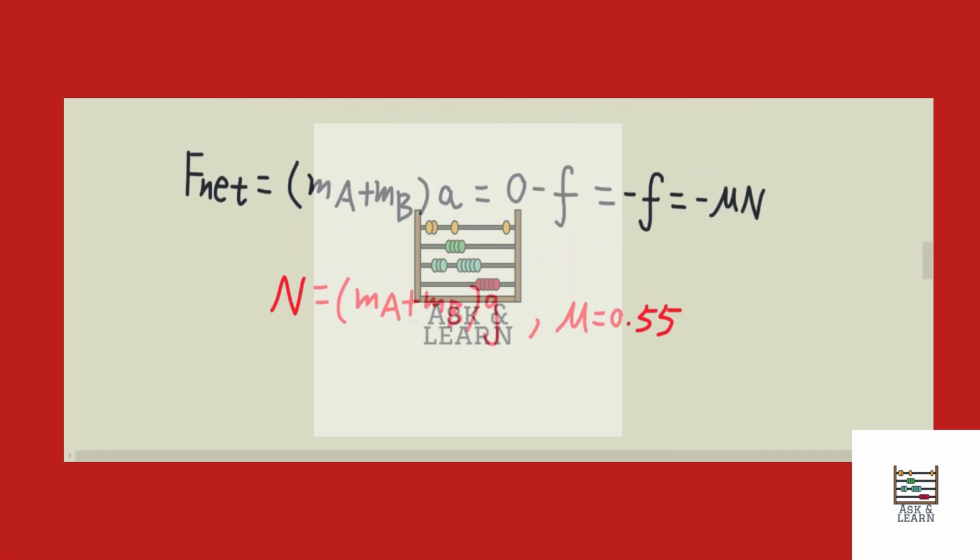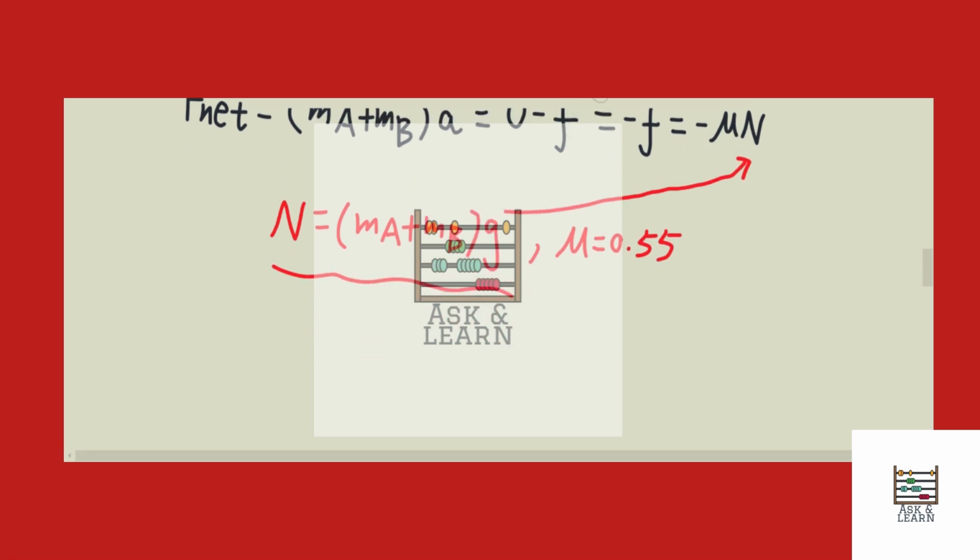If we plug this back into the equation, we have the net force of the rack, mA plus mB times a, equal to negative mu times mA plus mB times g.